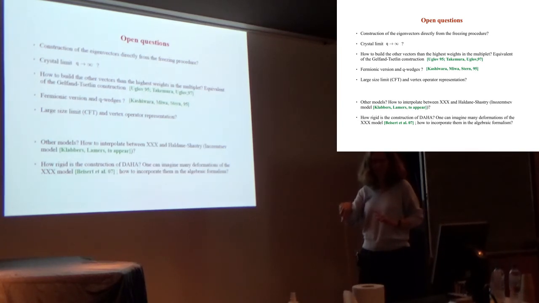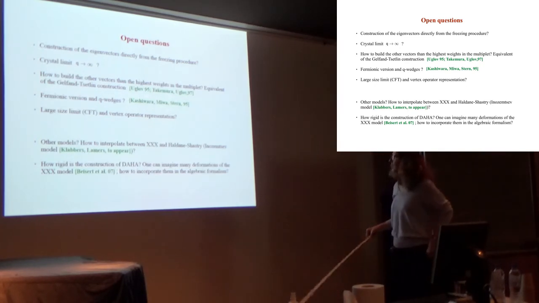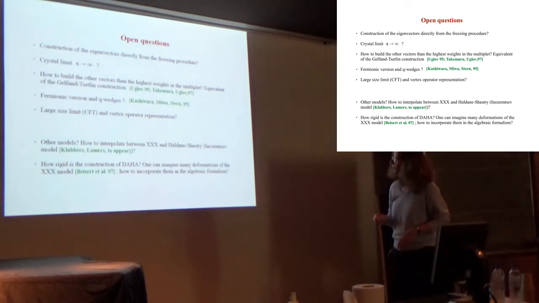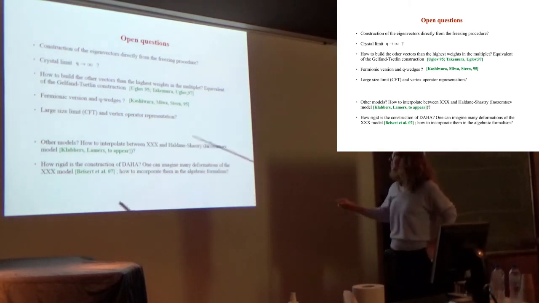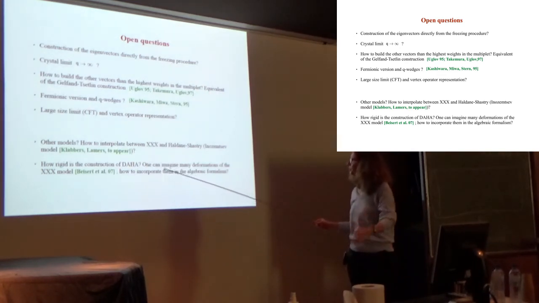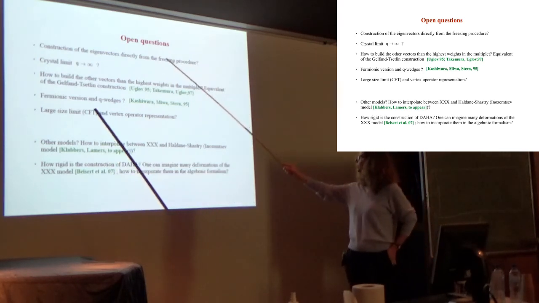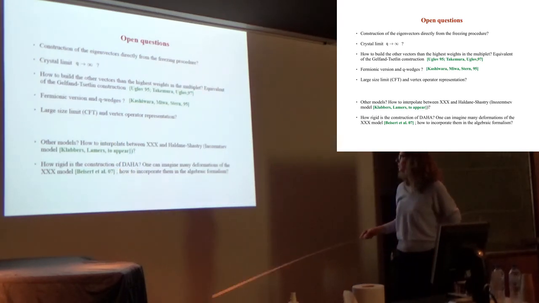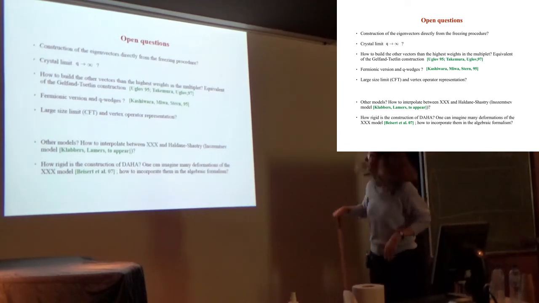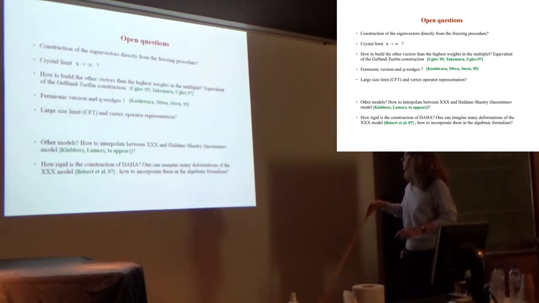But there is also a version where the eigenfunctions are Q-symmetric, and this fermionic version is much more useful to prove some properties, especially this freezing limit. Also, it's useful to take the CFT limit and to prove the relationship with vertex operators and so on. So these are also things that we are looking at presently.